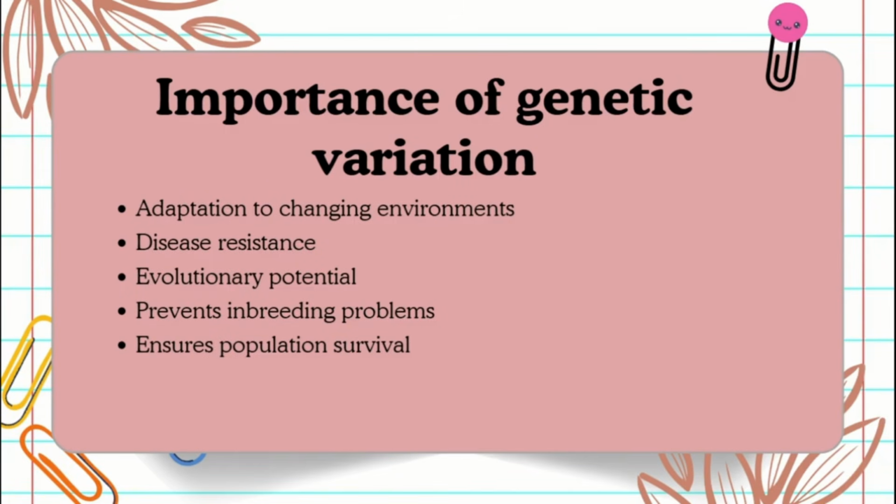Let's just use plants and say that we have some plants that were produced from asexual reproduction. They're all clones, all of them look the same, and a particular disease comes in, and because they're all the same, the disease is going to wipe all of them out at one time, all of them dead.